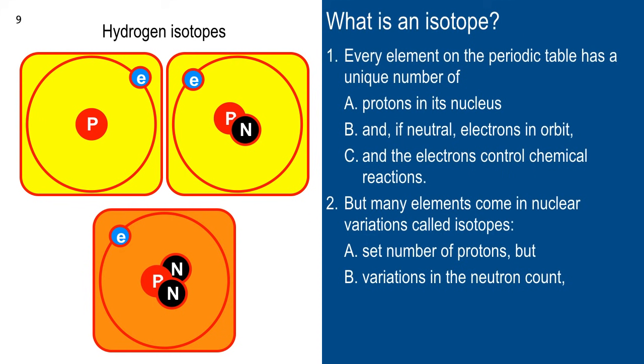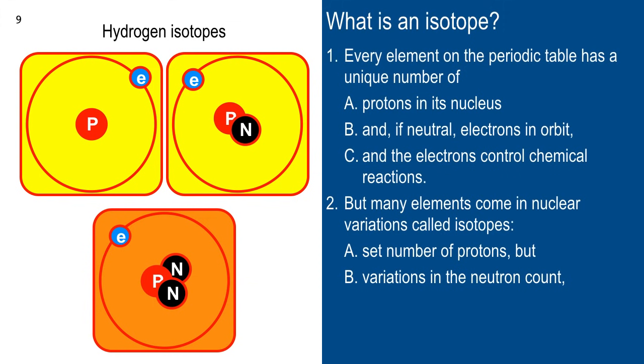One of them, the first one in the upper left, is just regular hydrogen, a proton and an electron in orbit. The second one in the yellow figure, that's called deuterium, D-E-U-T-E-R-I-U-M. And it's also called double heavy hydrogen.